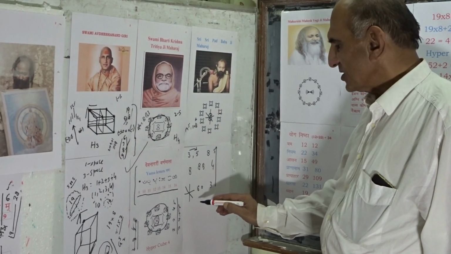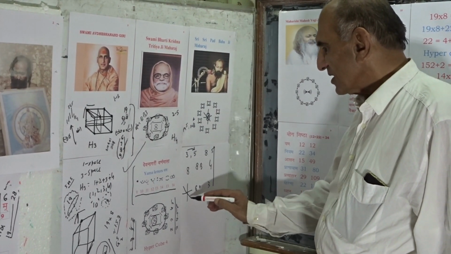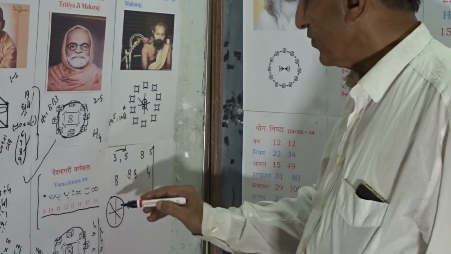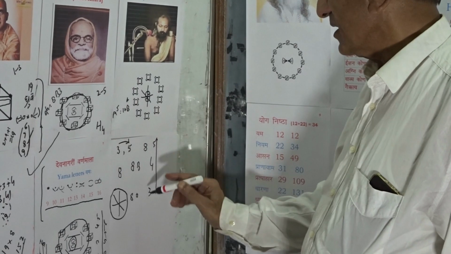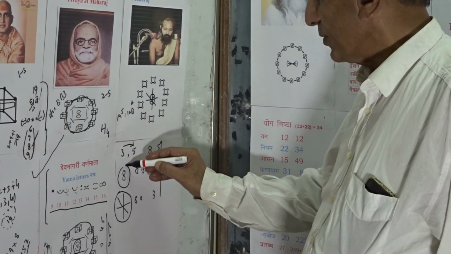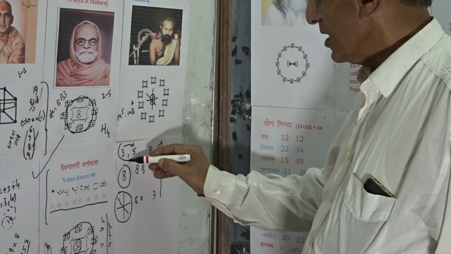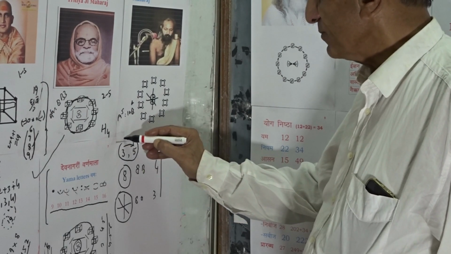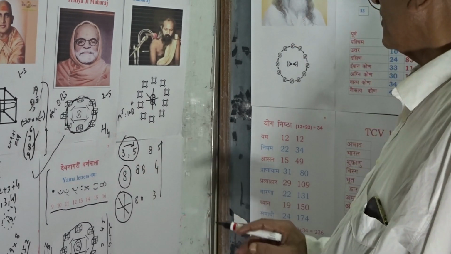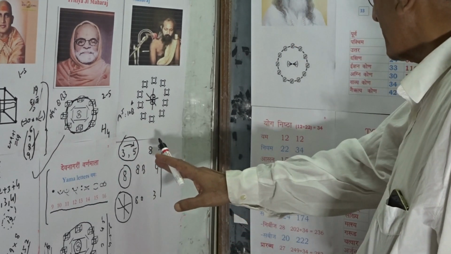At 3-space we are having a split, and this split is of 8 octants. At the next step, we are having 8 solid boundary components, and at the next step, we are having superimposition of a solid dimensional order upon the transcendental 5-space domain.